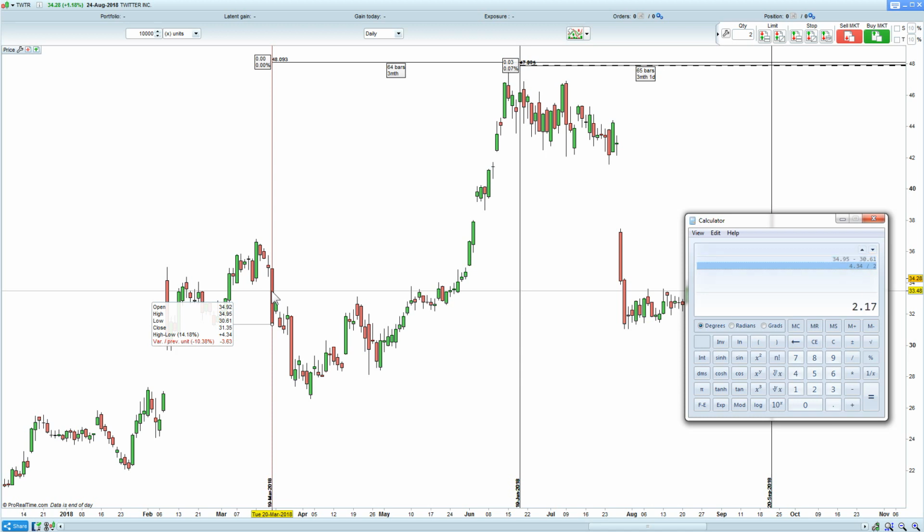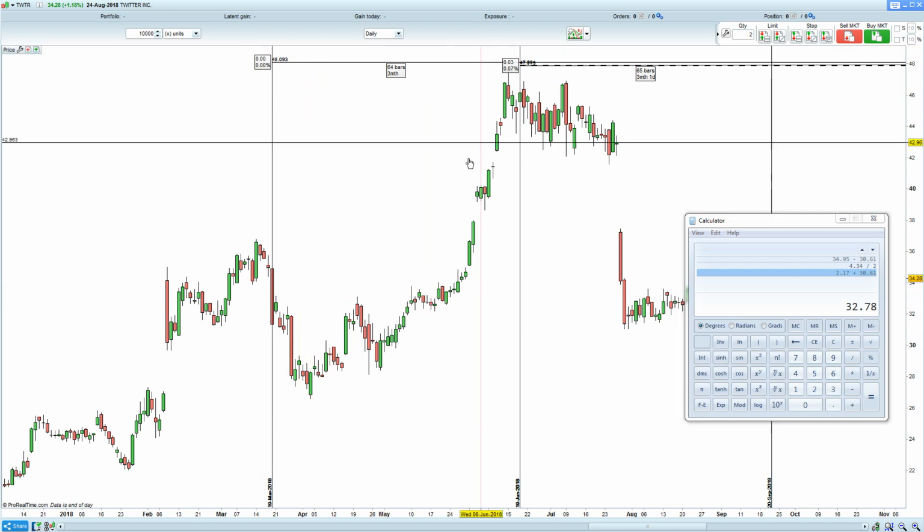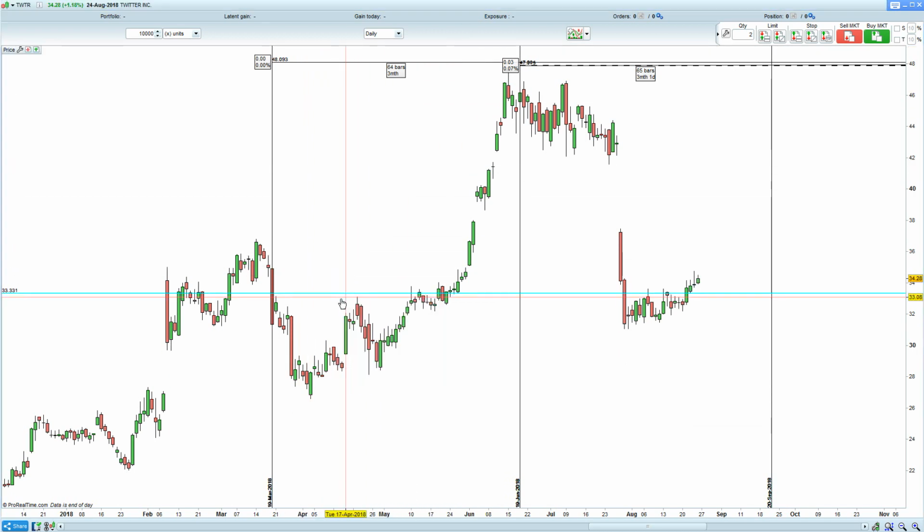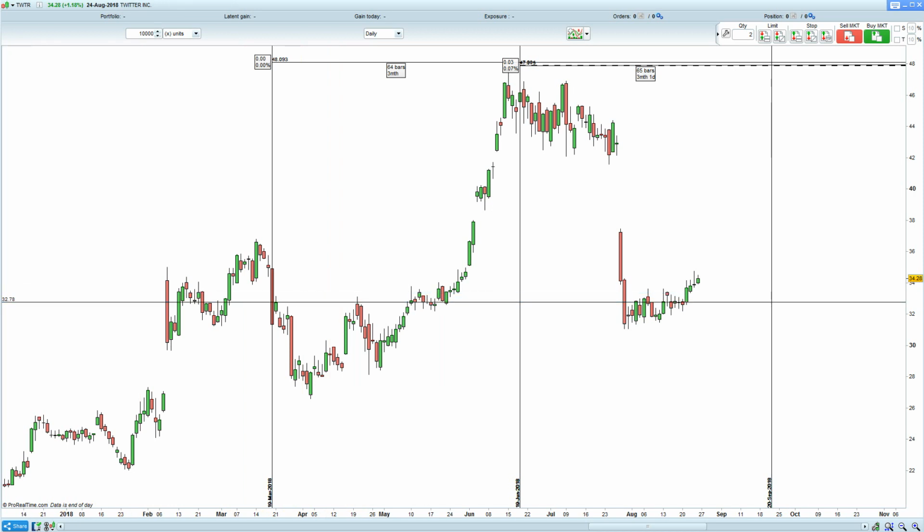We divide that by 2 to find the middle price and add that to the low of 30.61. And we find that $32.78 was the middle price. So let's put a line right there, 32.78. And we see that price came up right here and actually found resistance at that level.